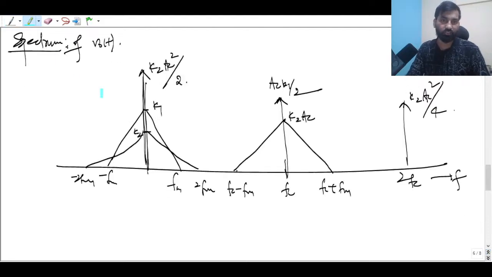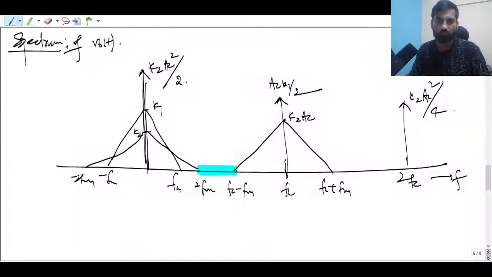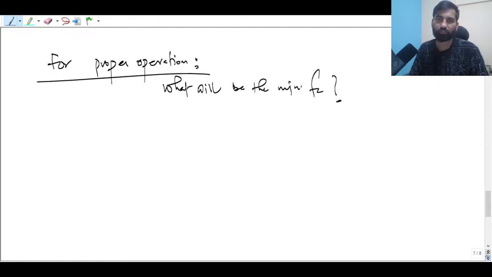What you have to notice here is that there should be a gap. There is a difference. You can see this is 2fm and this is fc minus fm. So this difference must be greater than or equal to 0 for proper operation.